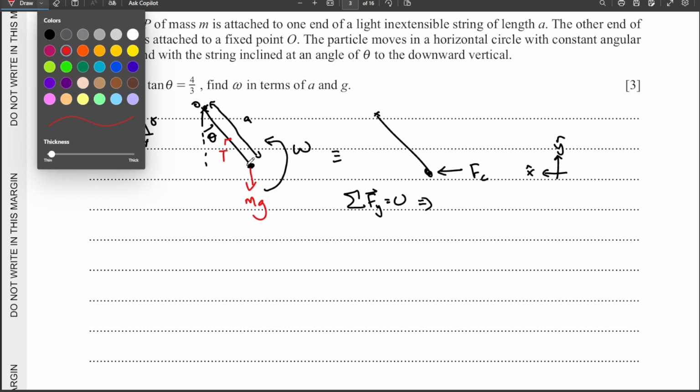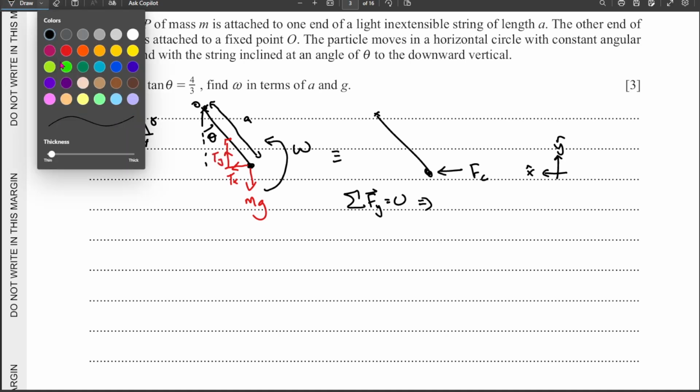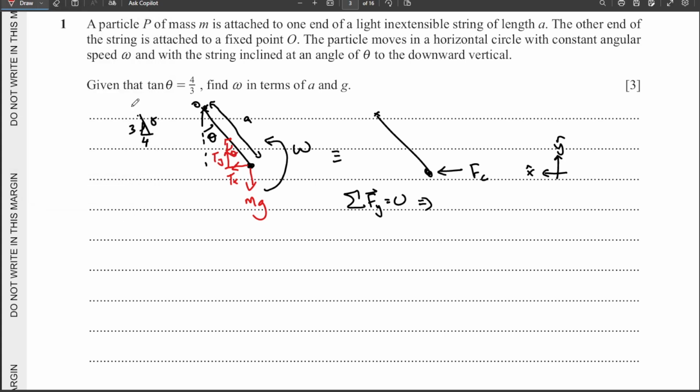Tension, you can resolve into its x and y components, horizontal and vertical. Theta is this one, so Ty is touching the angle, so there will be T cosine theta. Tx, meanwhile, there will be T sine theta. It's opposite the angle.